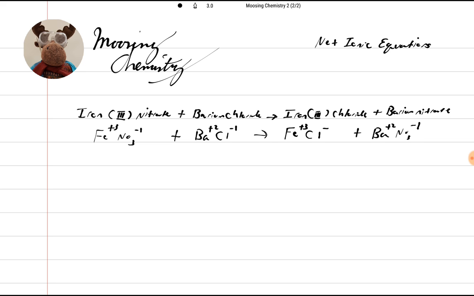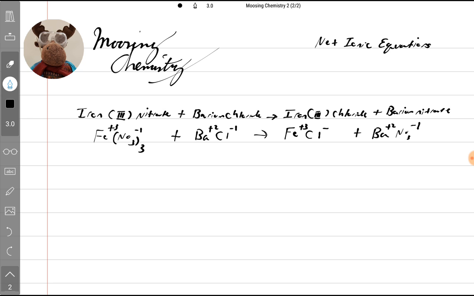But this is not correct, of course. You have a plus 3 with your iron and a minus 1 with your nitrate, so you have to crisscross those oxidation charges to make iron 3 nitrate. Wait a minute, let me undo that real quickly. Sorry about that.